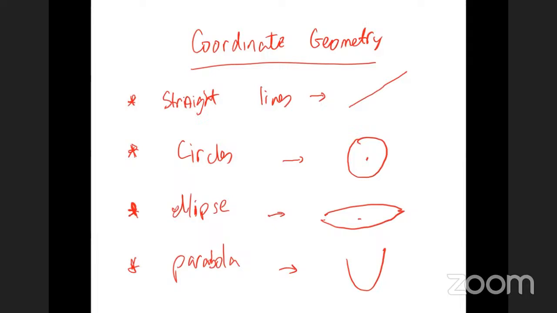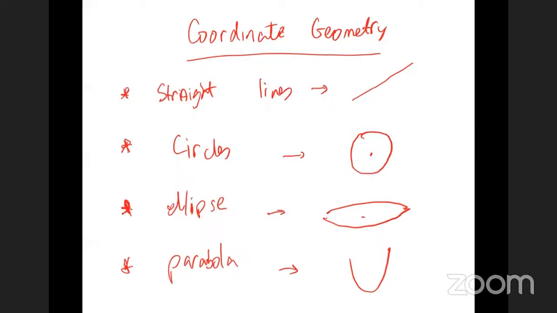So the difference between a circle and an ellipse is, in fact, if you have to define a circle, you're close to it. But if you have to define a circle, it's always what?